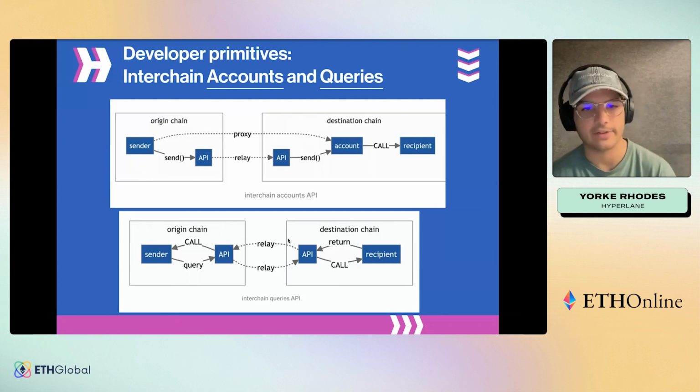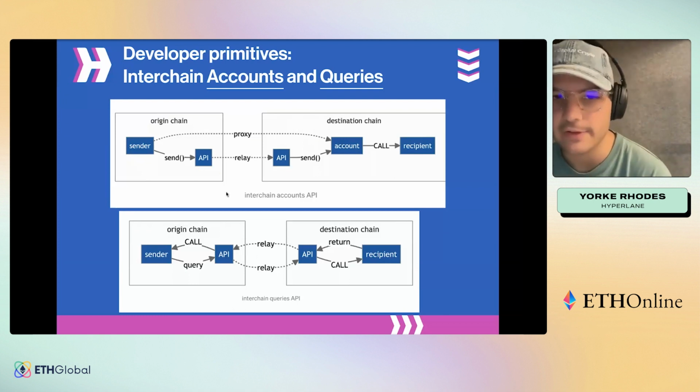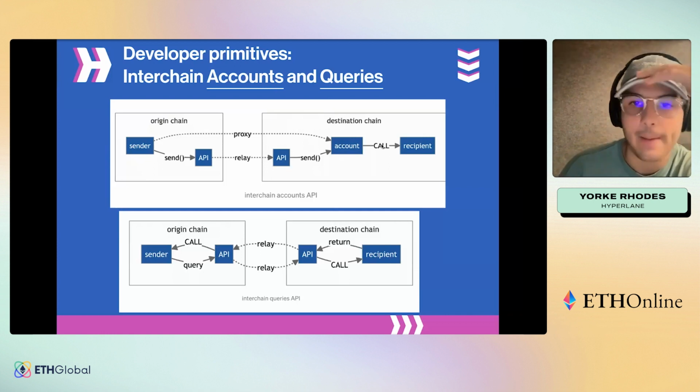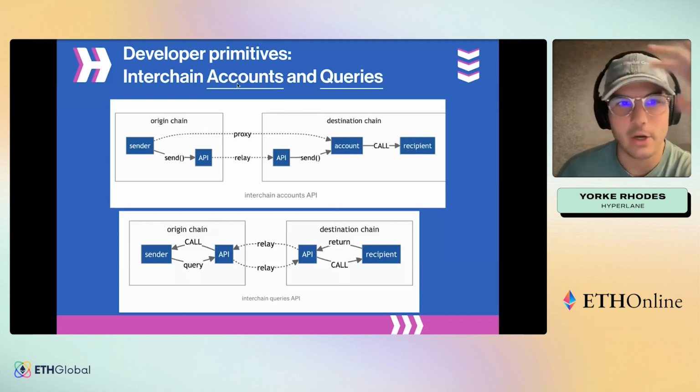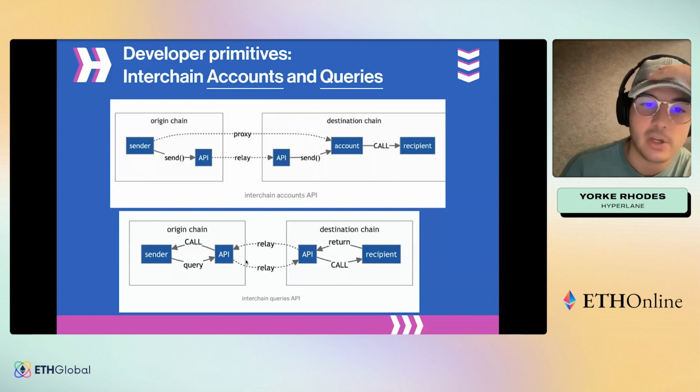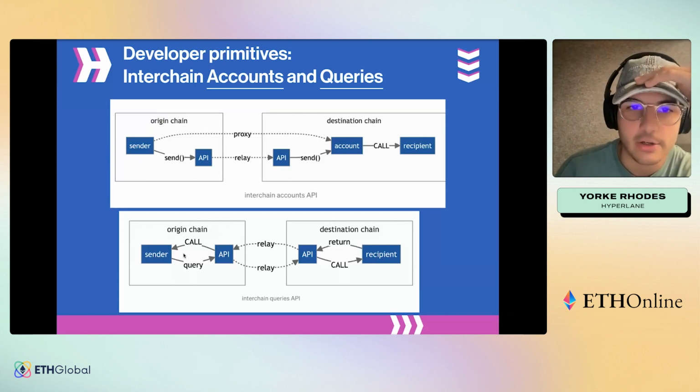And then, extending that idea a little bit further, we have this queries API, which allows you, let's say we're doing that mint and we wanted to know the return value of that function call on the other chain, to use the queries API to do that. Underneath the hood, it is sending two Hyperlane messages, one from the origin chain to the destination chain, encoding this contract call.